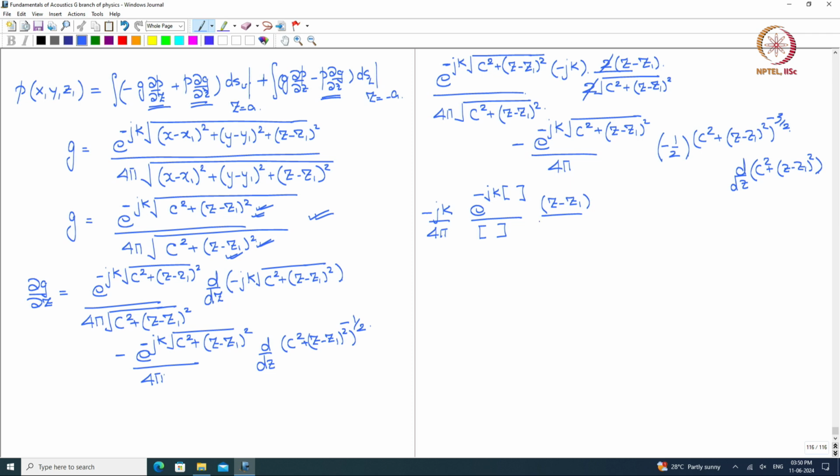So that becomes equal to the doubling product. Then minus, what is this entity?